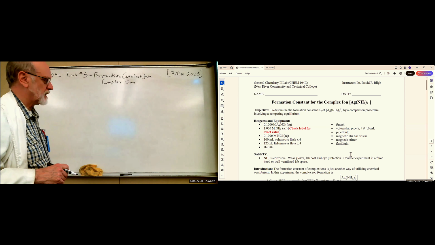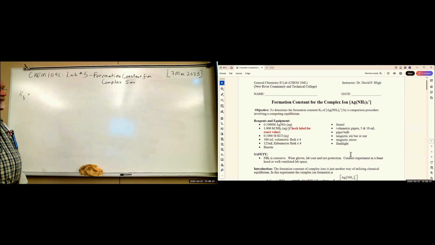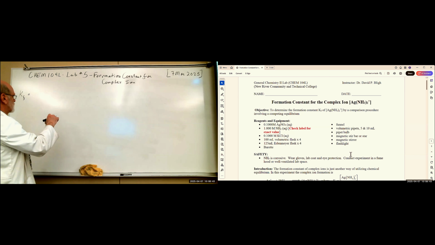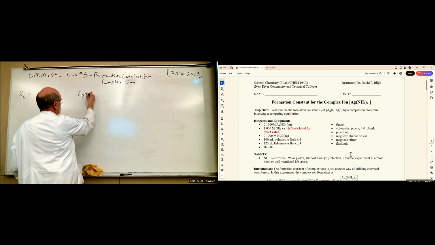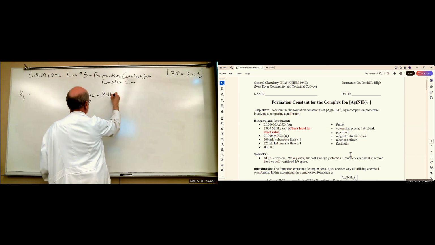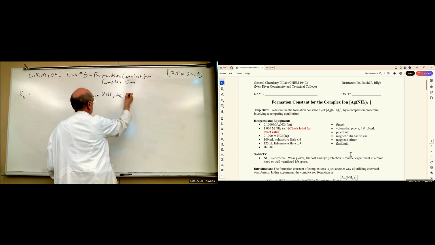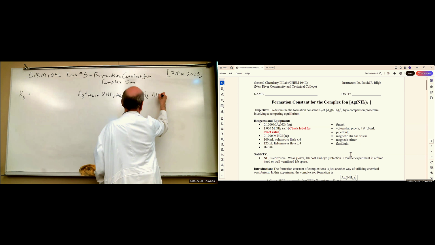All right, so if we're going to determine the formation constant for this reaction, we're going to have silver plus 2 ammonias in equilibrium with this complex ion.